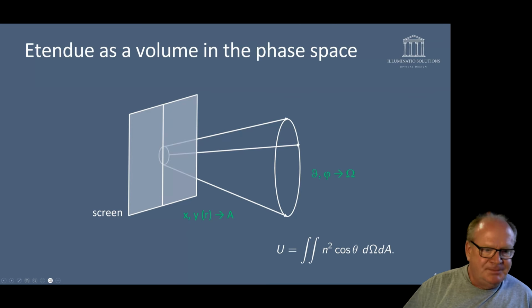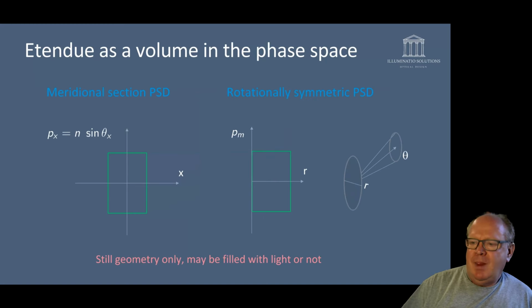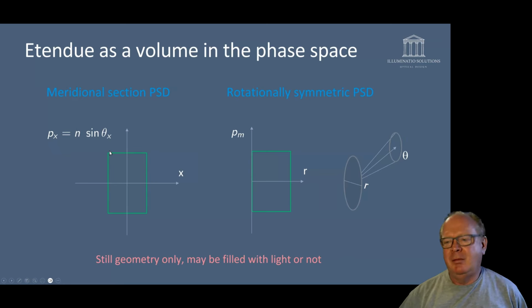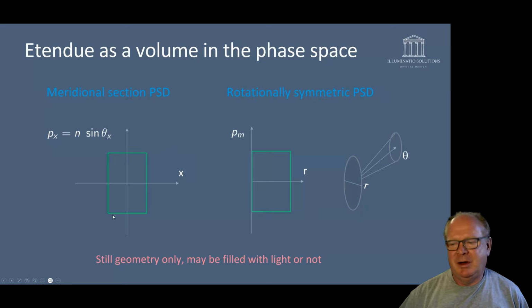If I put this Étendue extent in my phase space diagrams, I might get something like those green rectangles. This is a certain range in the spatial and in the angular extent.